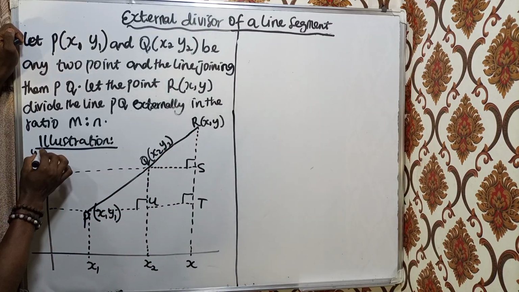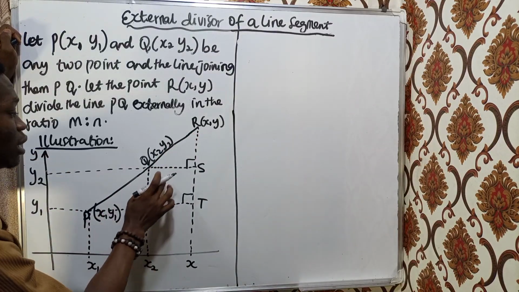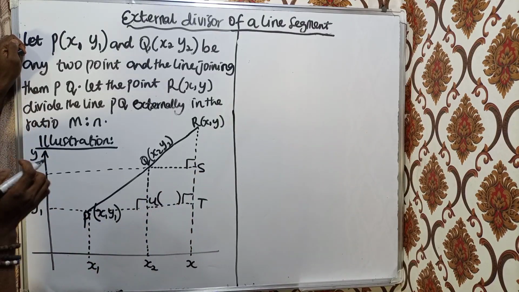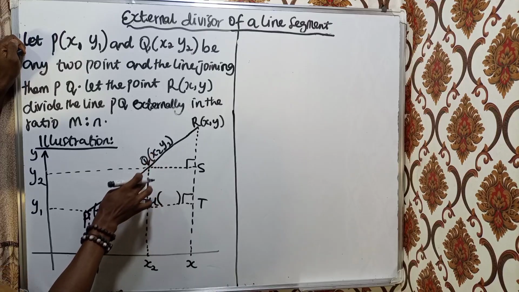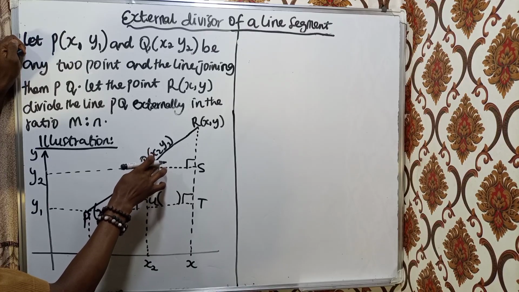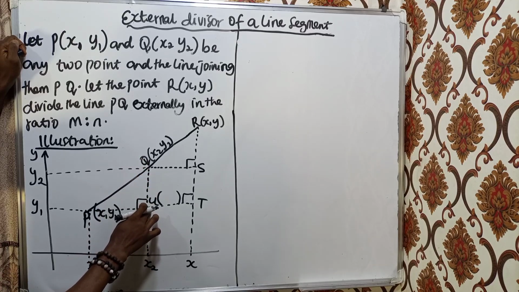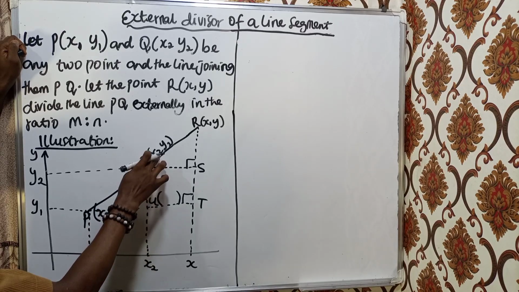Now let's find the coordinates of U. U is where the lines meet at this point.